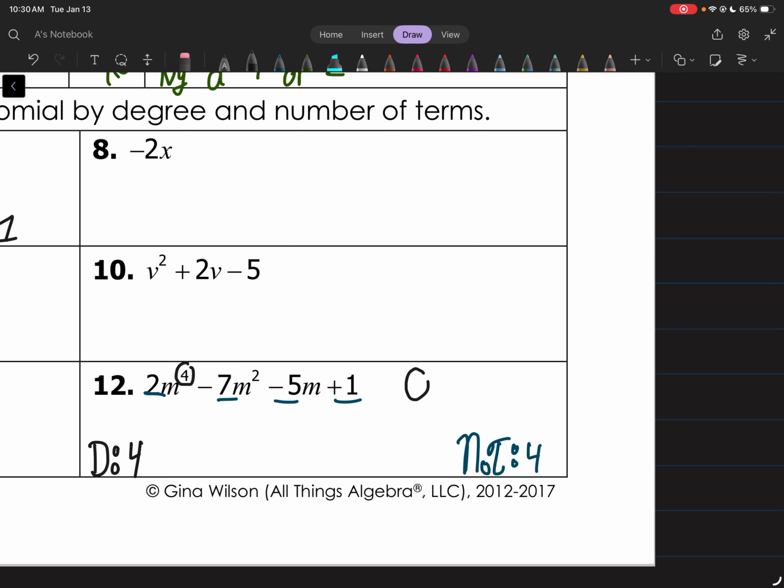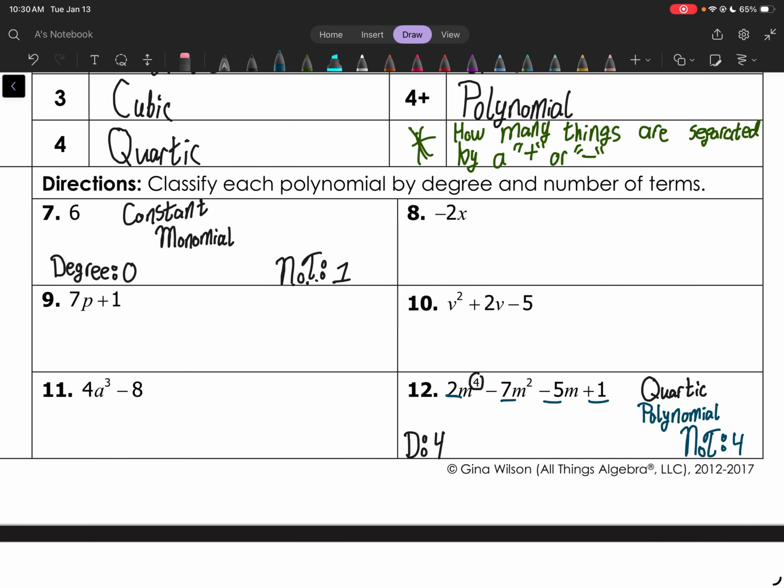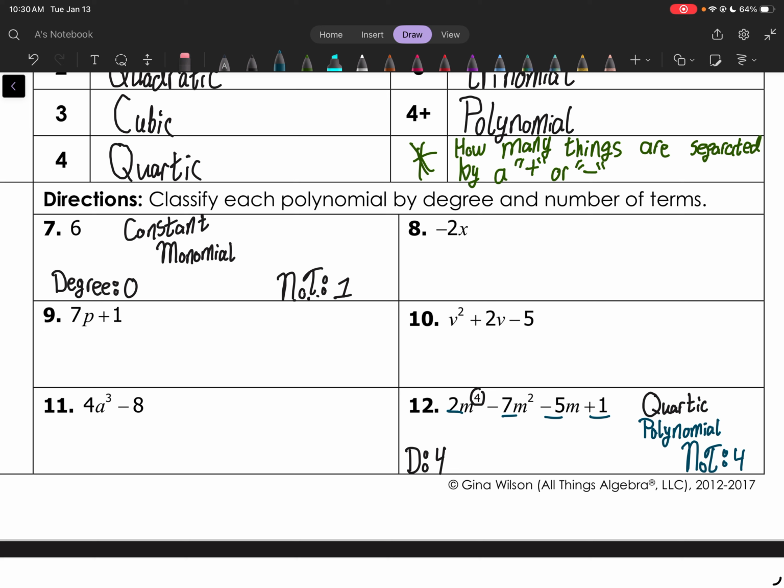So this is a quartic polynomial. Try 8 through 11.